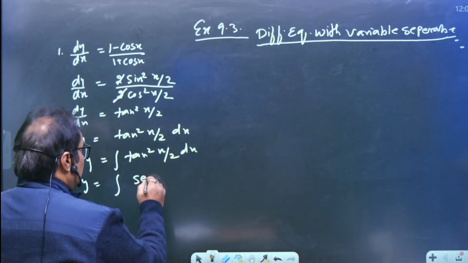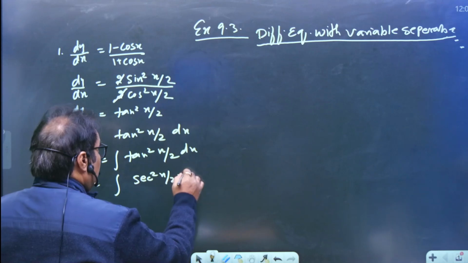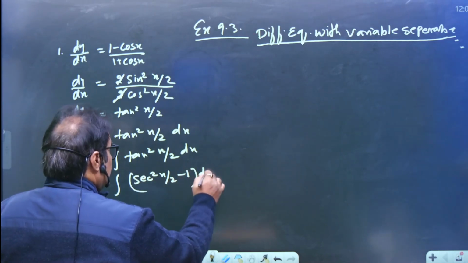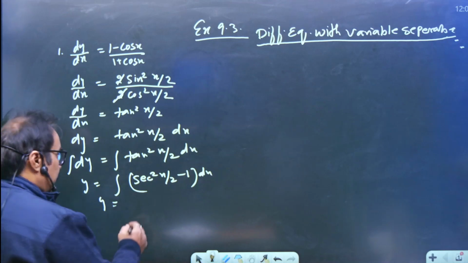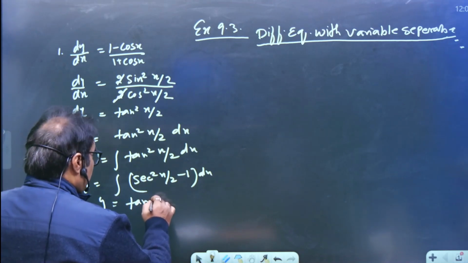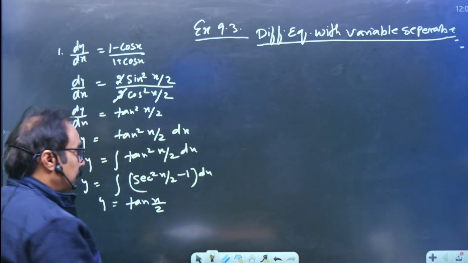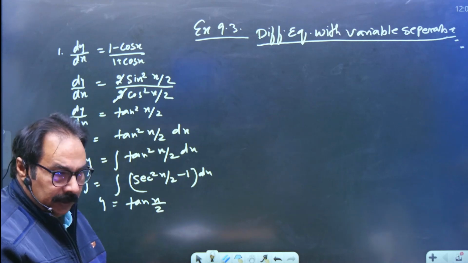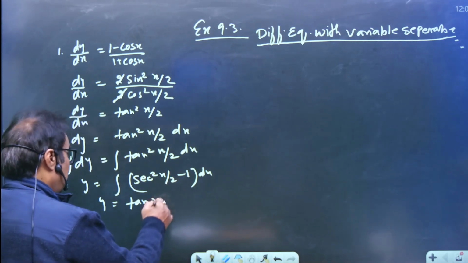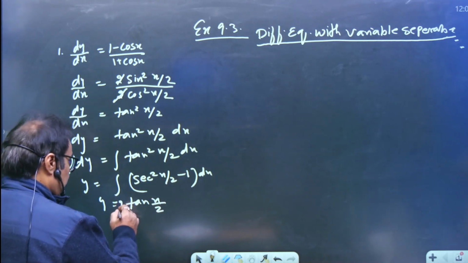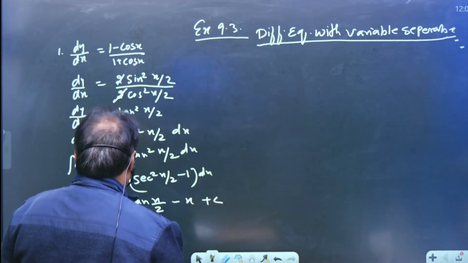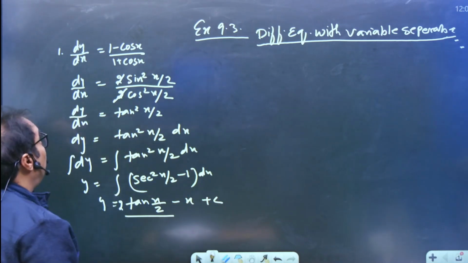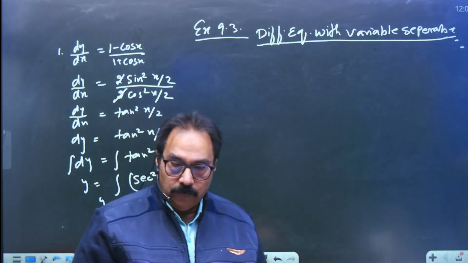So we will write secant square x by 2 minus 1 dx. So y is equals to the integration of sec square x by 2, that is tan x by 2 and the coefficient of x by 2 is 1 by 2. So it should be divided by 1 by 2 means 2 and minus x and with some constant c. So this is the final answer of question number 1.